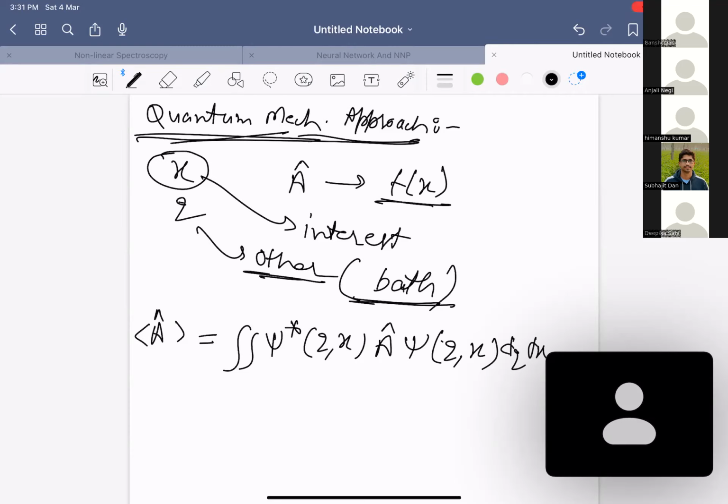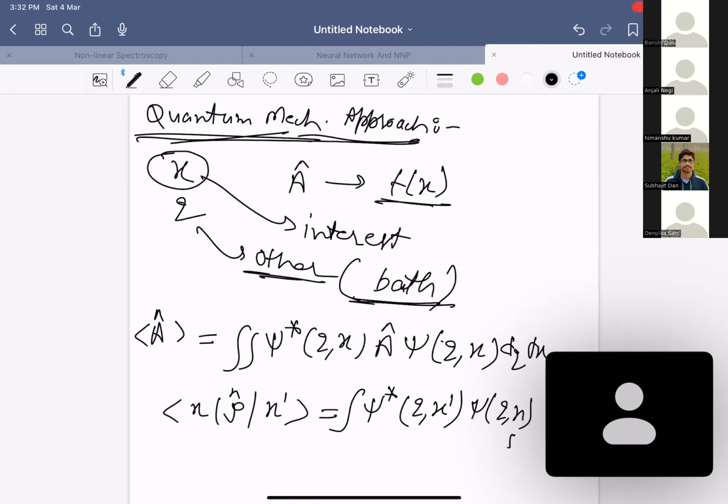And now let's define the density matrix by this equation. This density matrix will depend only upon our x degrees of freedom, and it is basically psi star of q, x prime and psi of q, x, dq, taking the average over the other degrees of freedom.